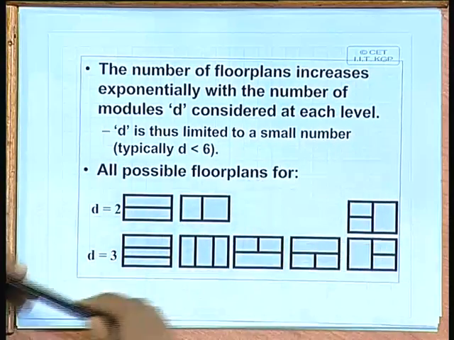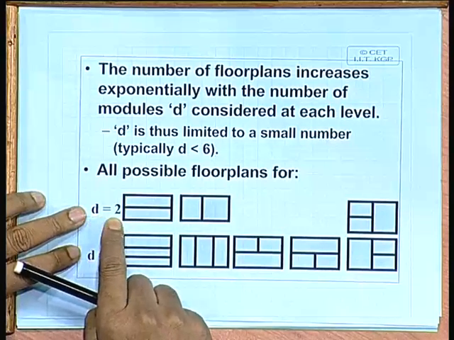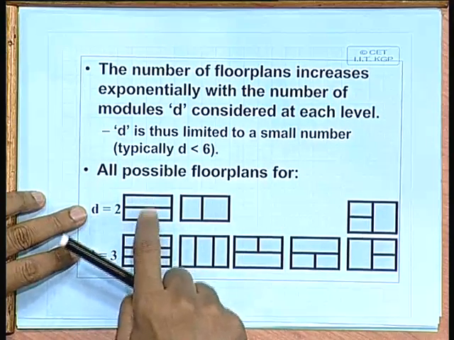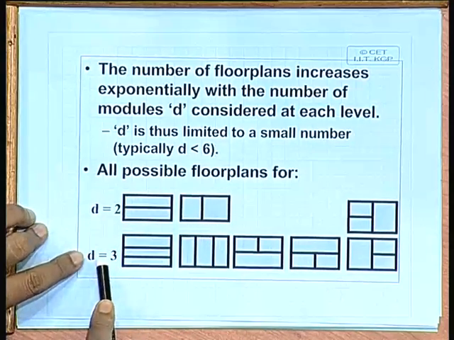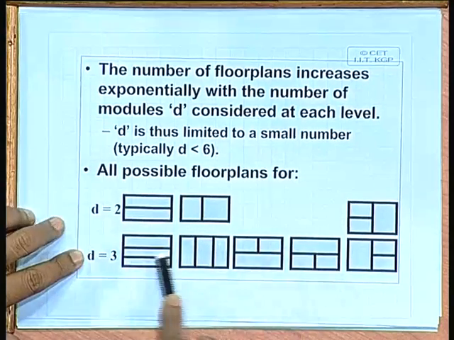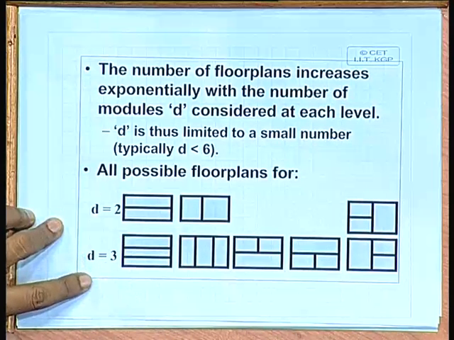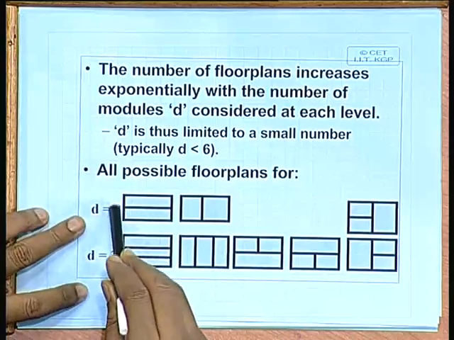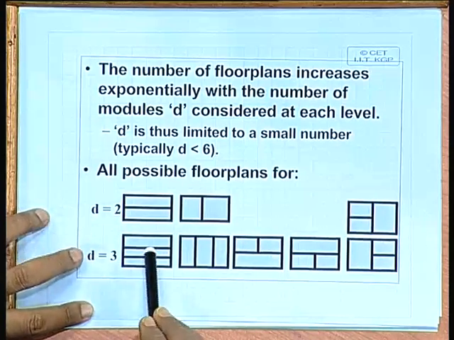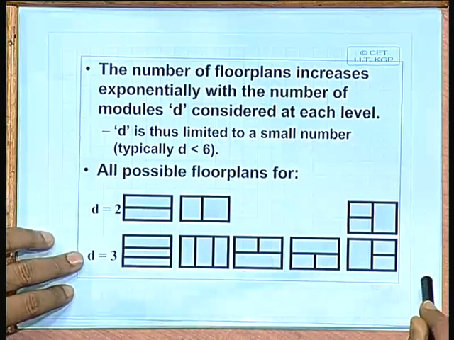I am not starting with any graph, I am showing all possible floor plans of 2 blocks. If there are 2 blocks, you can have either this or this, 2 possibilities, but for 3 you see that there are so many possibilities, 1, 2, 3, 4, 5, 6. For 4 it again goes up, for 5 it is very large. So, as the value of D increases, the number of possible relative orientations of the blocks also goes on increasing.